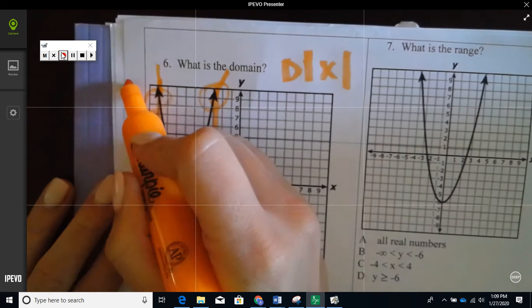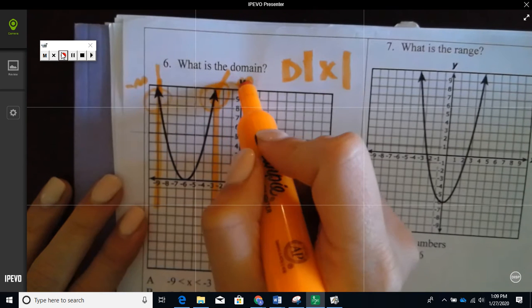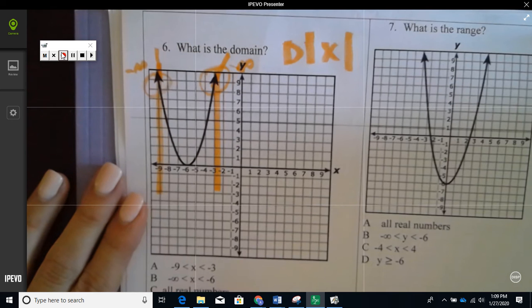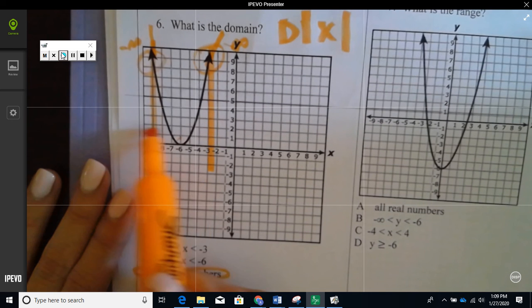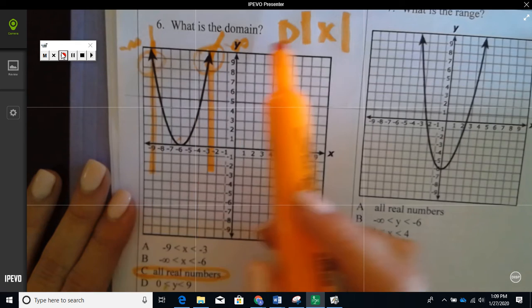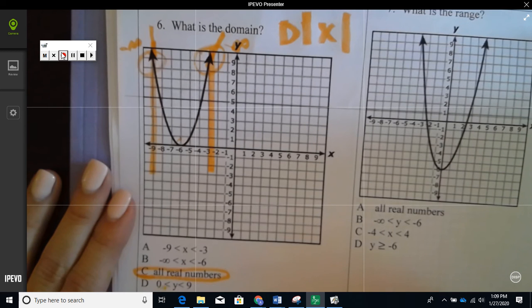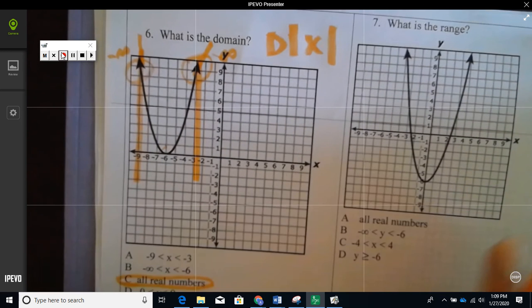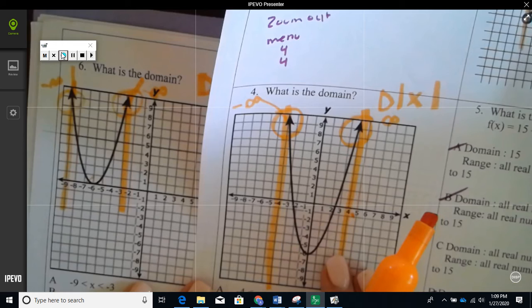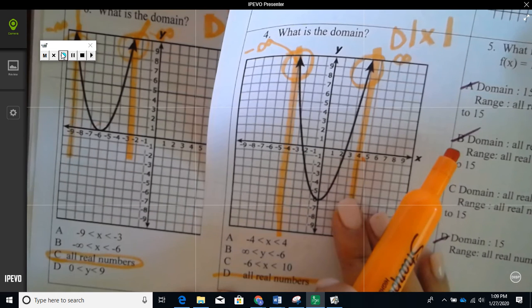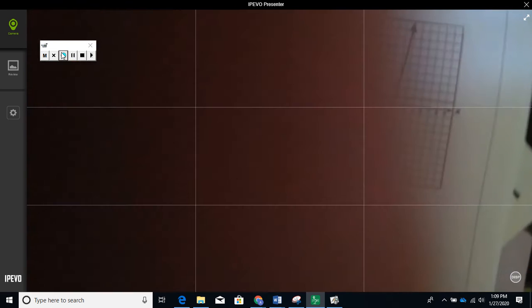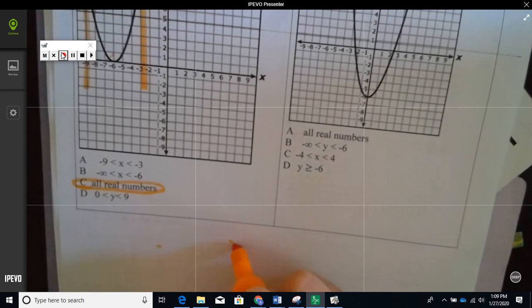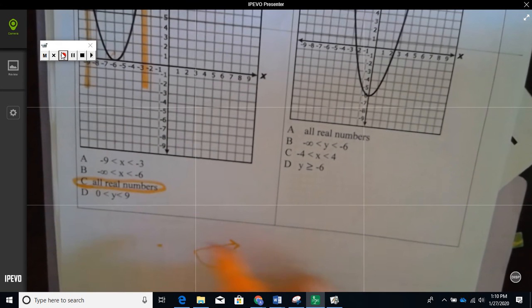So if it goes from -infinity to +infinity, that is all negative numbers. It's going to get all the positive numbers, 0. Now, I hope you notice that when it's real numbers, unless they change it, make it weird, okay? Weird is they might put open circles or something like that.